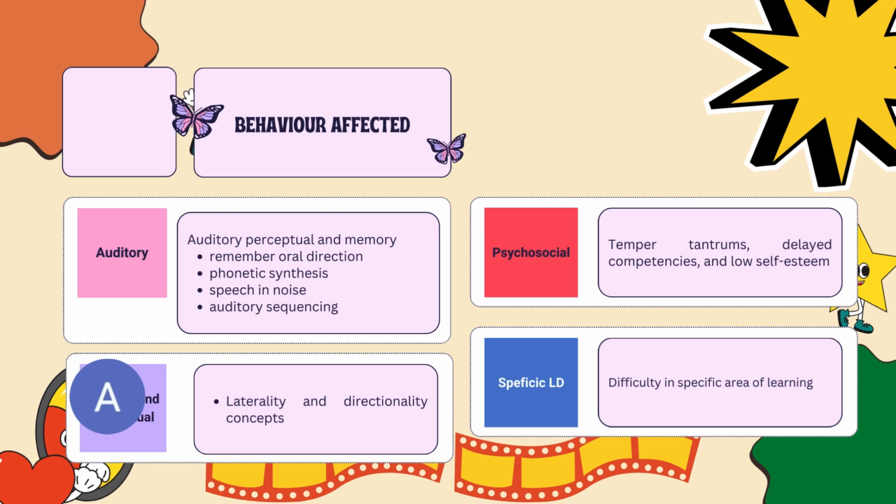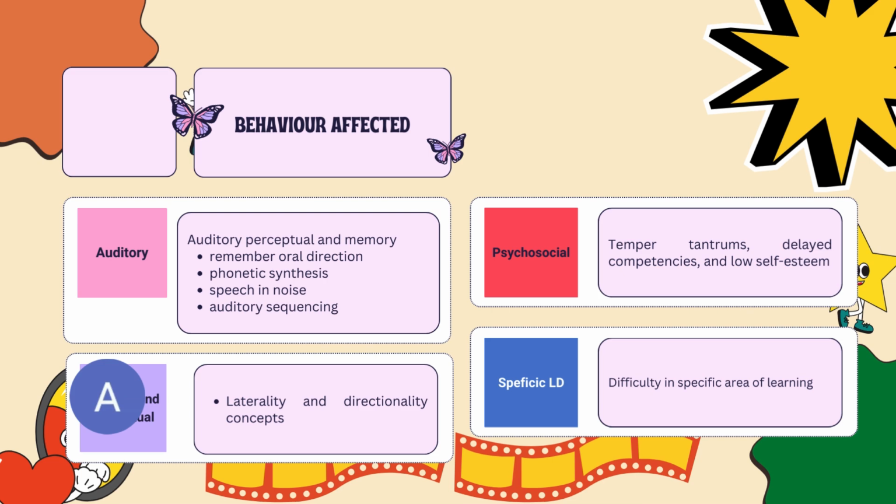The eighth one would be psychosocial disturbances. So they would throw temper tantrums. They would have delayed competencies and very low self-esteem. This would be portrayed in their psychosocial behaviors with other peers, for example, or when they're socializing with their families.